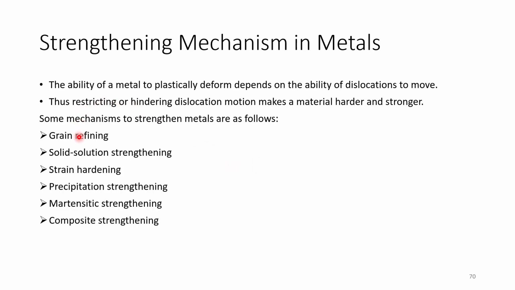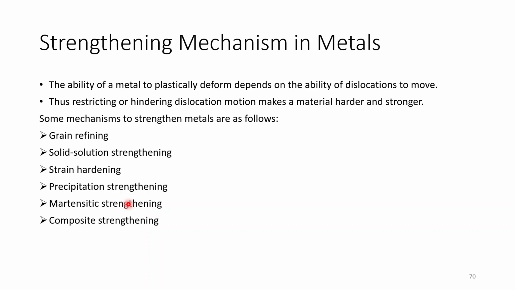Restricting or hindering dislocation motion makes a material harder and stronger. So as the number of dislocations increases, your material will become stronger. These are some mechanisms to strengthen metals. First is grain refining, then solid solution strengthening, strain hardening, precipitation strengthening. Next is martensitic strengthening, which is transformation strengthening.